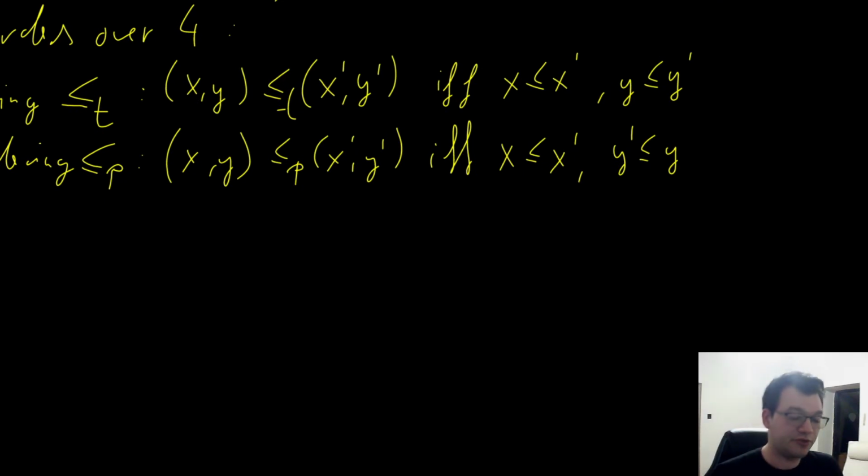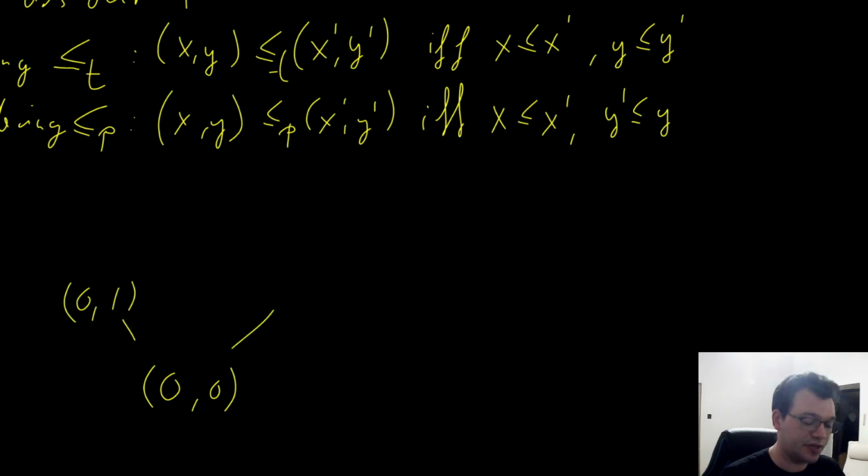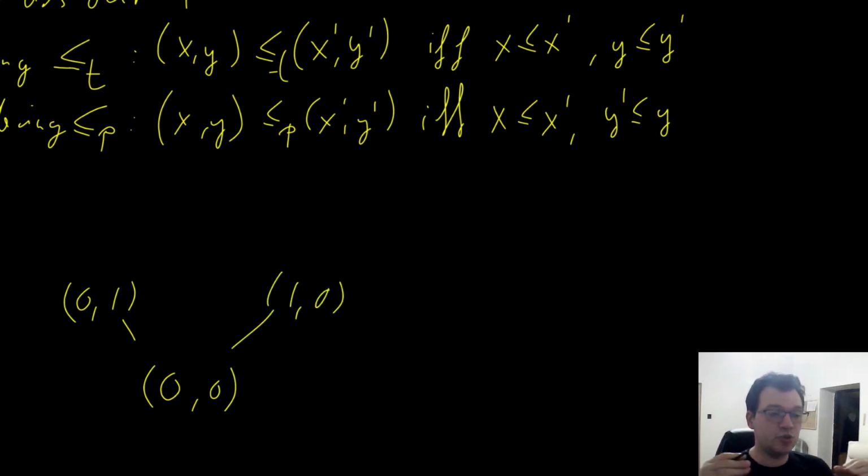Let's try to draw this, for example for the truth ordering. Of course, we have (0, 0) sitting in the bottom. If we just increase one of the coordinates, we get that (0, 1) is larger than (0, 0), and also (1, 0) is larger than (0, 0), but these two values are not related.